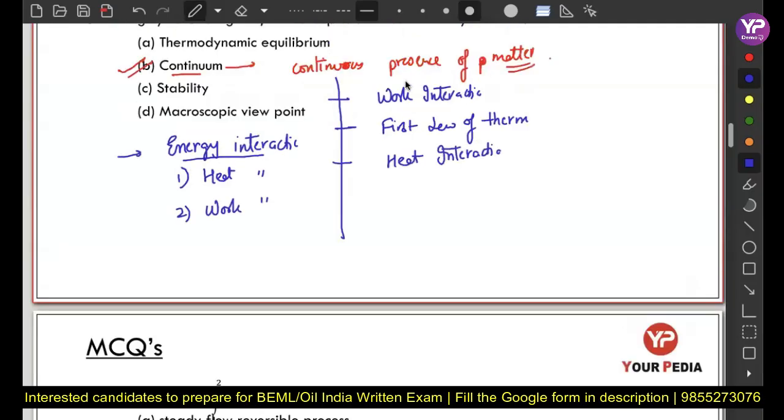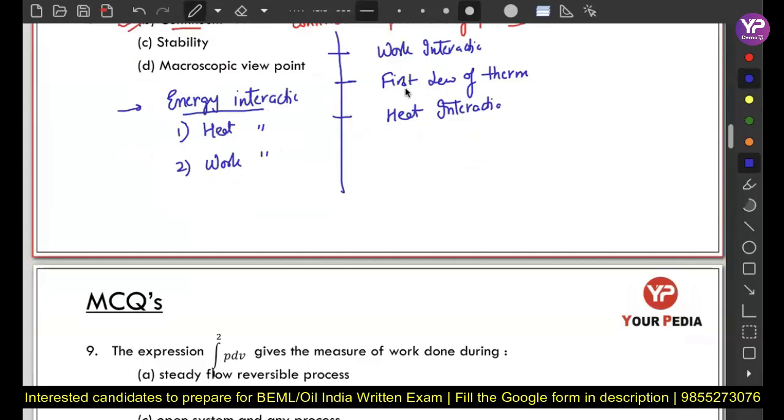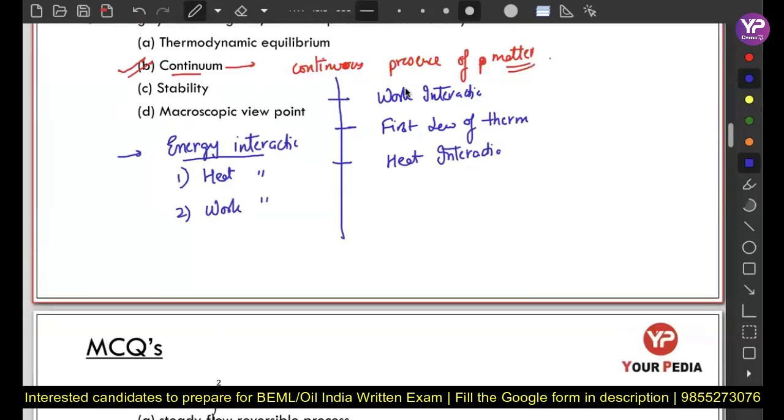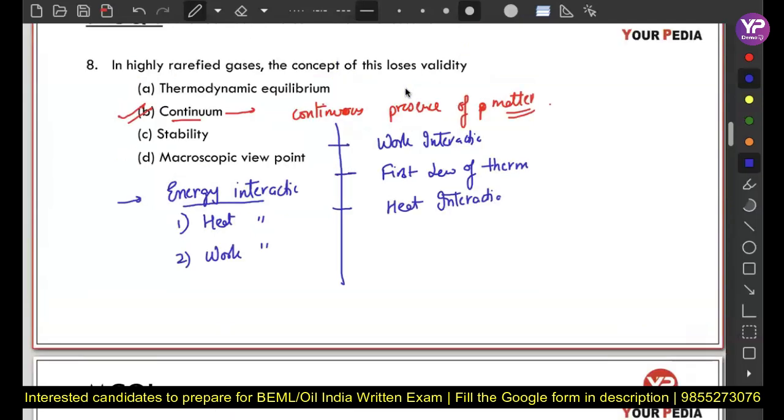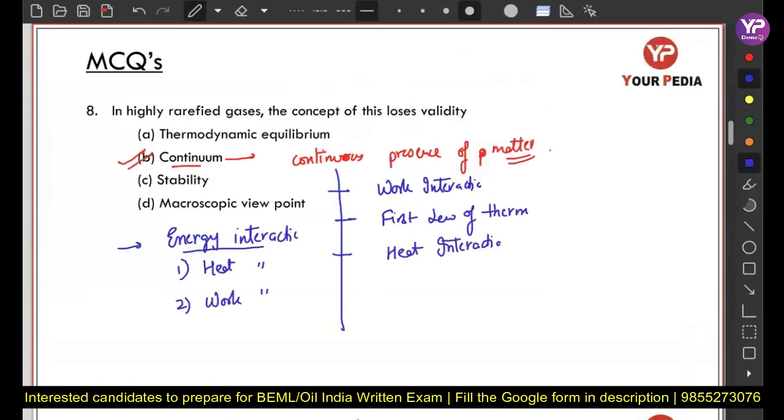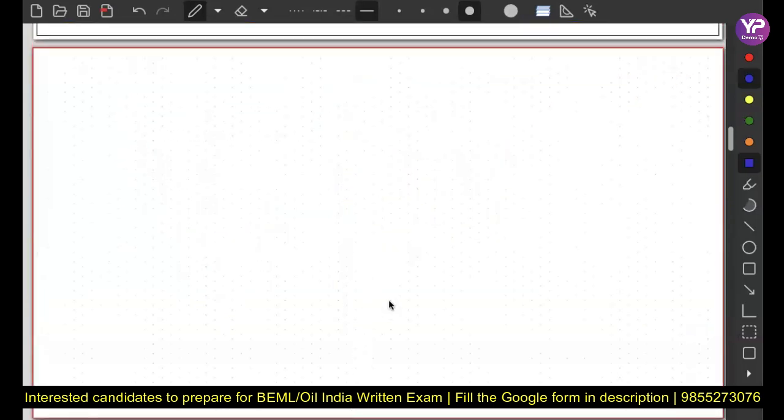Now, coming back to the work interaction, first of all understand the meaning of process, the meaning of state, and the meaning of quasi-static, because these are important terms that should be clear in your mind. First, we have seen the property.